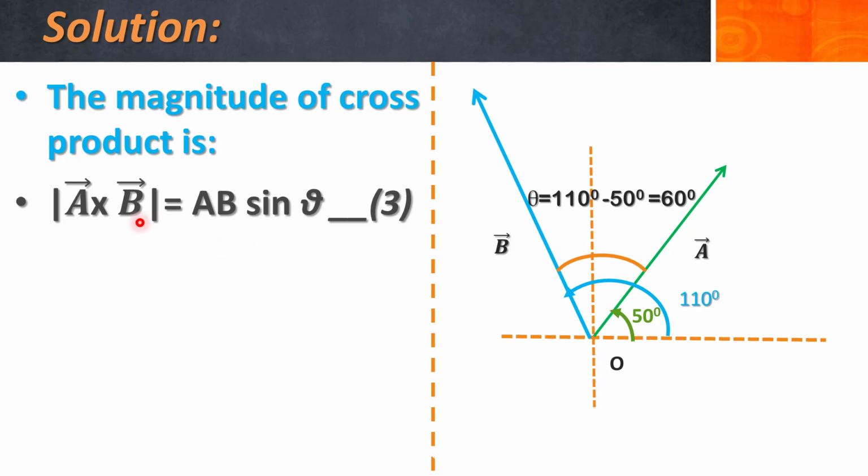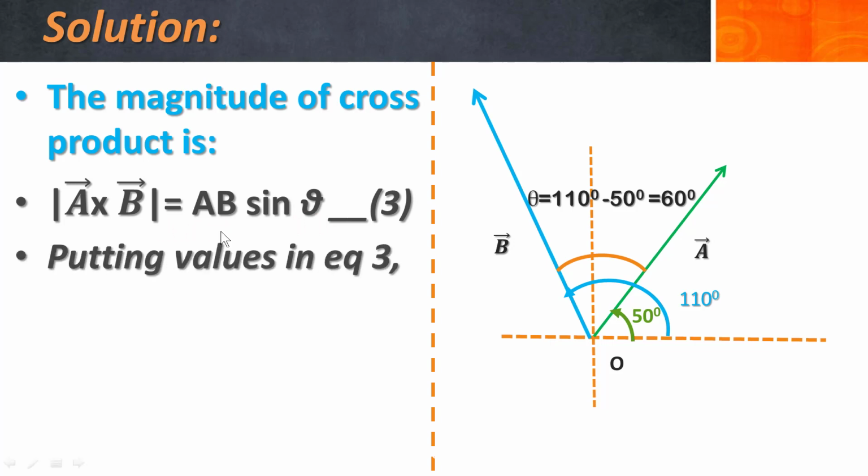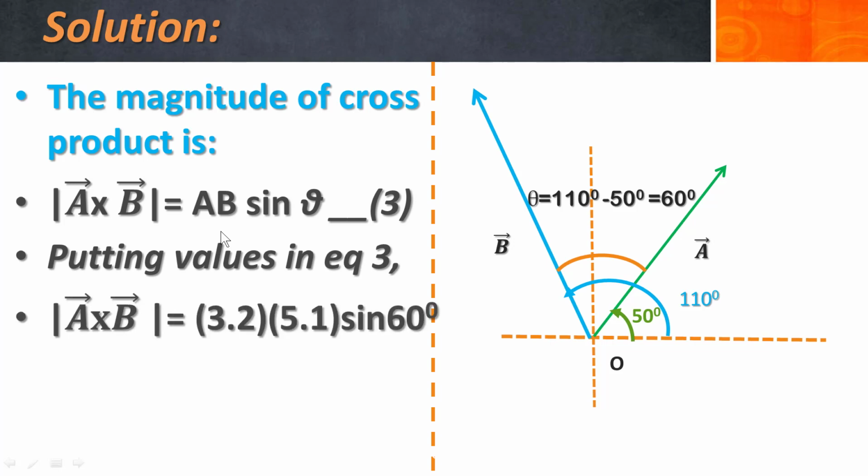So the magnitude of cross product is equal to AB sine of the angle between them. We are not putting n hat over here, that is not required, just the magnitude is required. So simply we will again put values in equation number 3, magnitude of A, magnitude of B, and sine of the angle between the two.